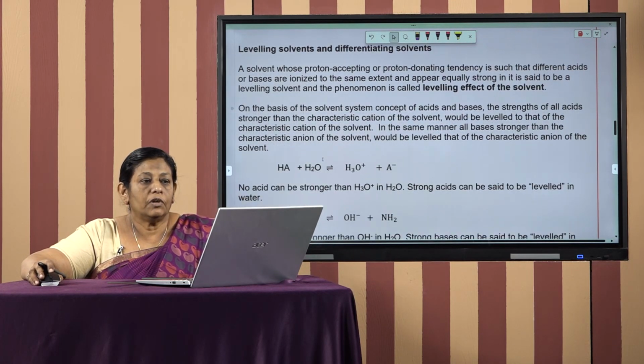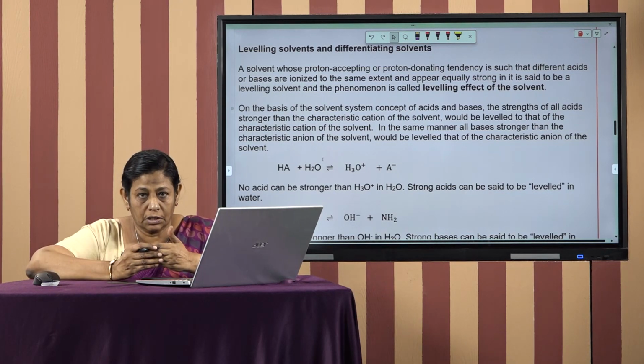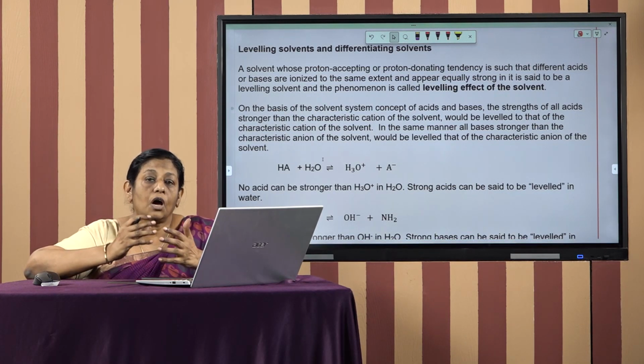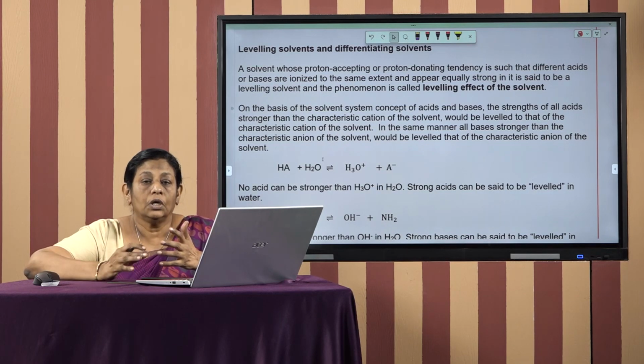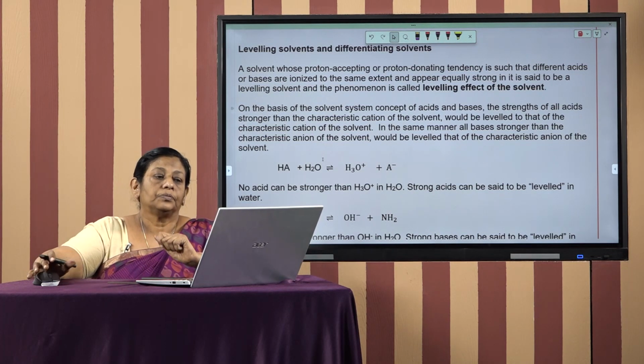Next is leveling solvents and differentiating solvents. We have already heard about the relative strength of an acid. Relative strength is the extent to which an acid or a base can ionize in a solvent.